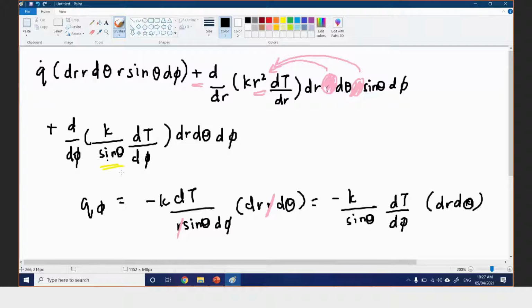So this is how we got this equation. So from here, it becomes this here. And then the r in the r d theta cancels out with this here. Okay, so we are left with this equation. I hope that's clear.